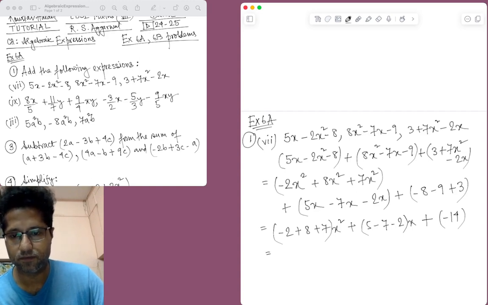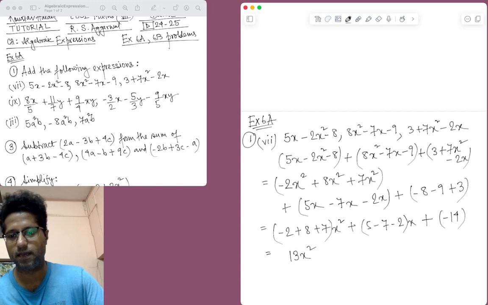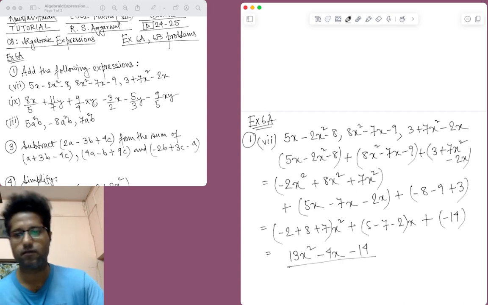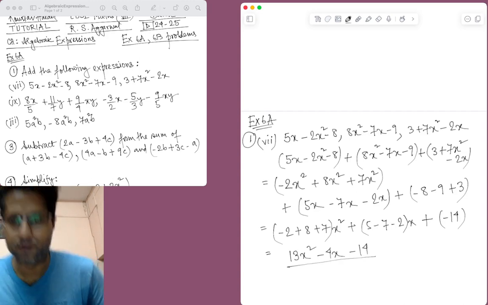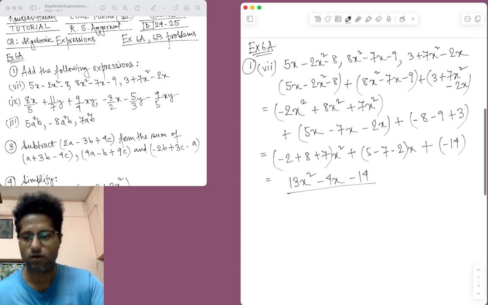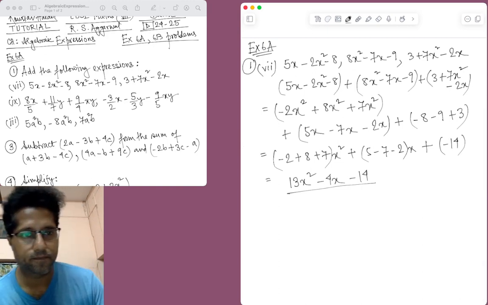Now this becomes 15 minus 2, that is 13 x square, and this is 5 minus 9, that is minus 4, so minus 4x, and this is minus 14. So this is the result of adding the 3 given algebraic expressions. While I am solving it, you can pause the video and take a screenshot if you wish for your reference.